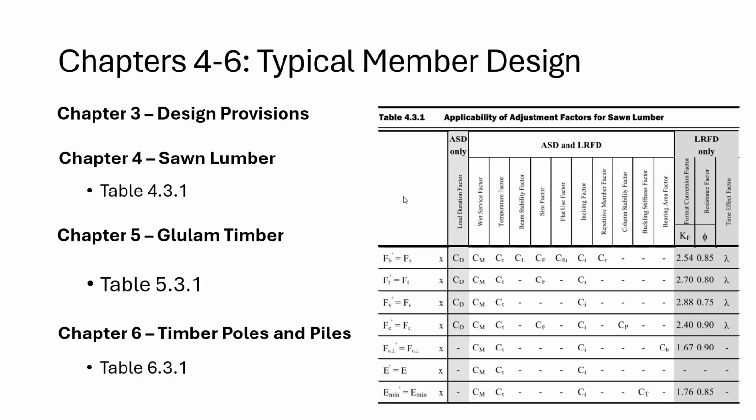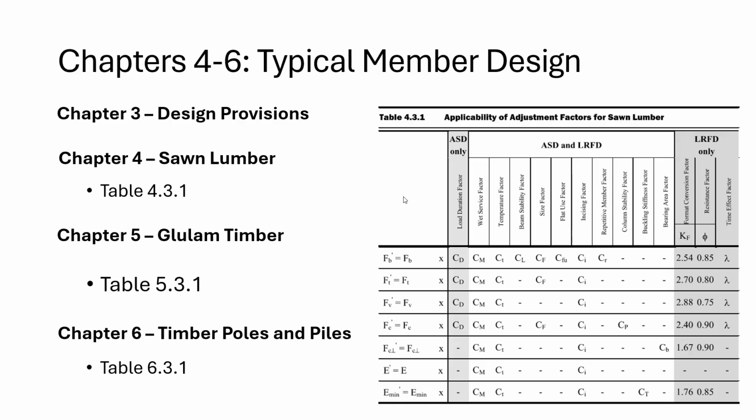So Chapters 4 through 6 are the typical member design. I say that because you have sawn lumber, glulam timber, and timber poles and piles. So I should say this to start. I mentioned Chapter 3 previously.